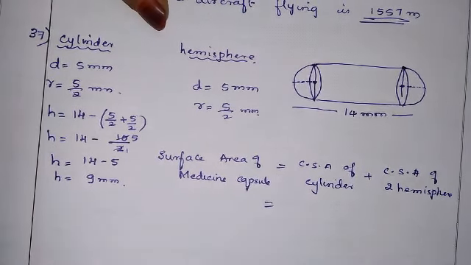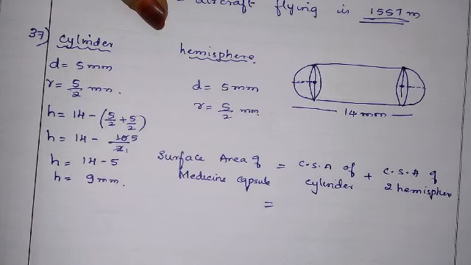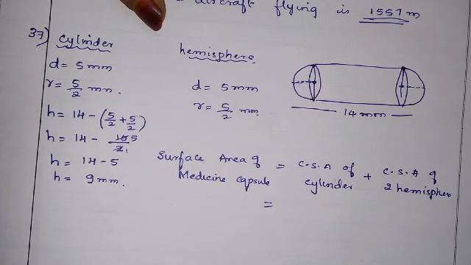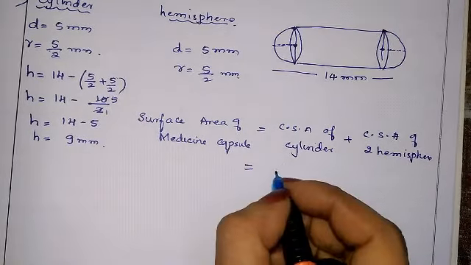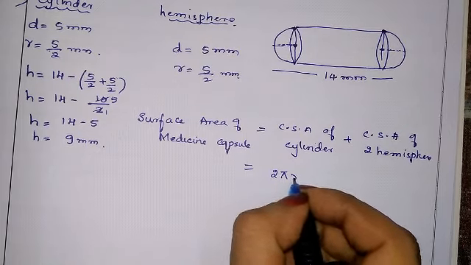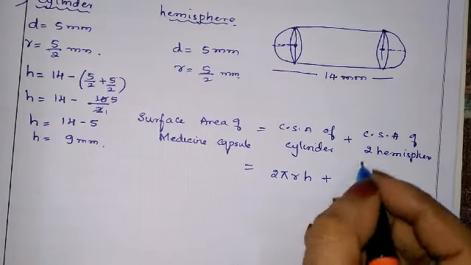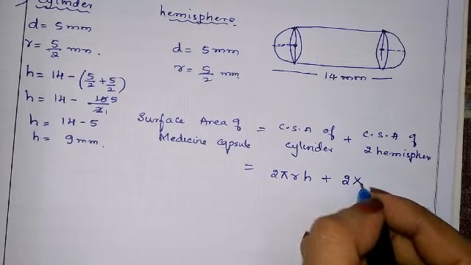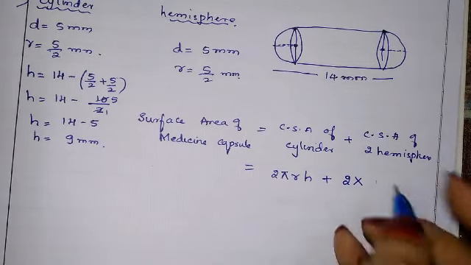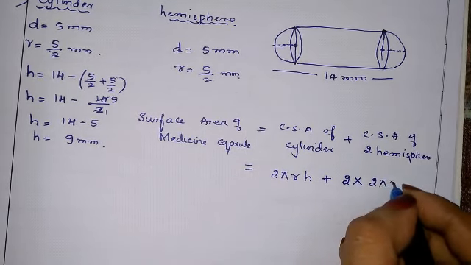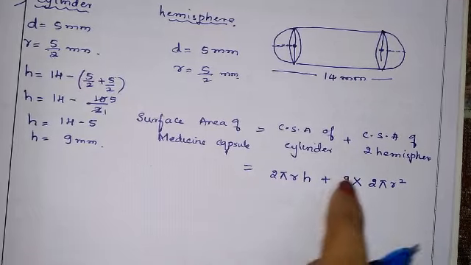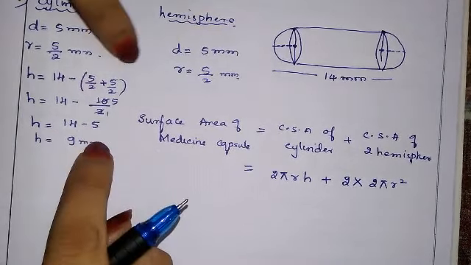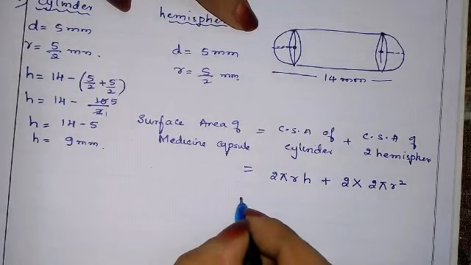So CSA of cylinder is nothing but, we know that 2 pi RH is a CSA of cylinder. 2 pi RH plus 2 hemispheres, 2 into hemisphere formula is 2 pi R square. So now we can see here radius is same. Both radius is 5 by 2.